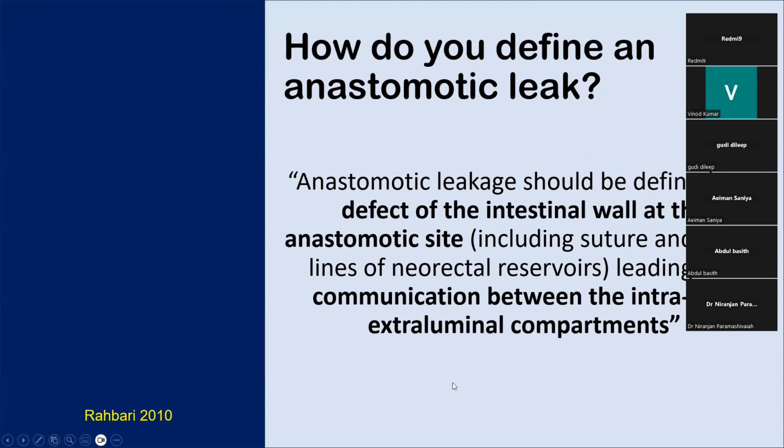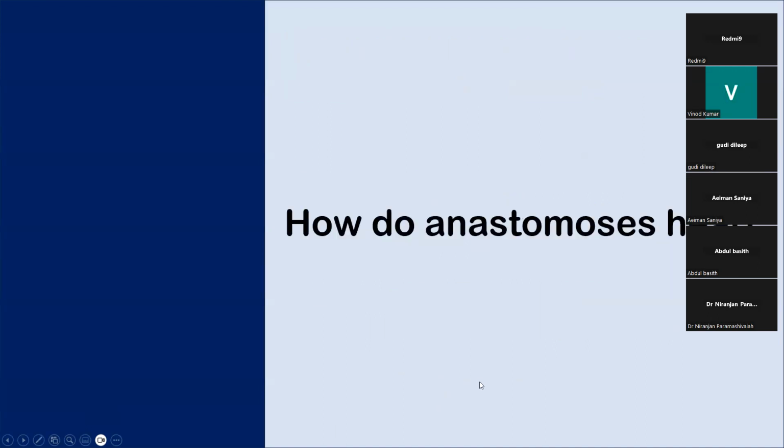The maximum amount of work and the kind of research and the questions have been addressed, and whatever answers we're going to get eventually have come mostly, not all of it, but mostly from the colonic anastomosis. So to understand how anastomosis break and you get a leak, you must first understand how anastomosis heal.